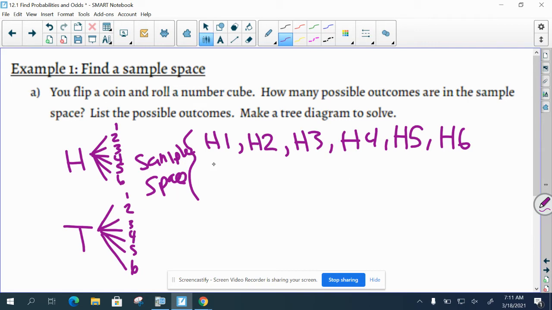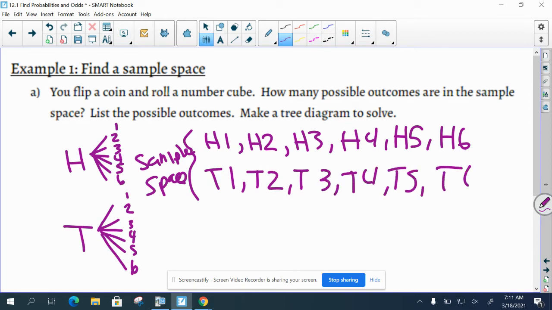Or we could get the same thing with tails: tails and 1, tails and 2, tails and 3, tails and 4, tails and 5, and tails and 6. If we list all the possible outcomes in the sample space, you see that there are 12 possible outcomes.